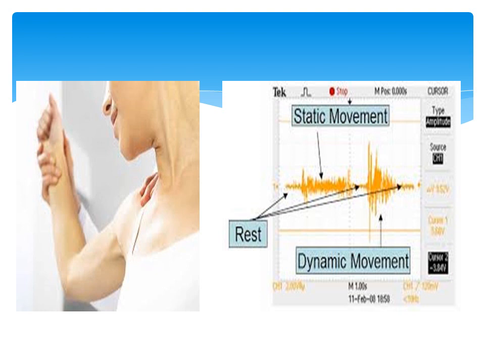Here you can see during the voluntary movement or the static movement, the amplitude and the frequency of the graph has increased. At rest there were only mild flickering movements, that were of the end plate noise and the insertion activity.